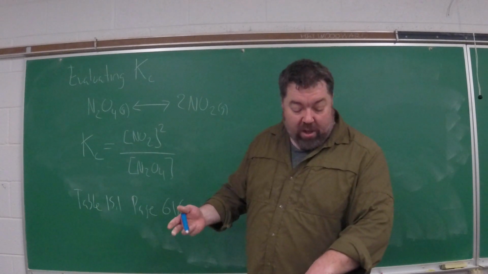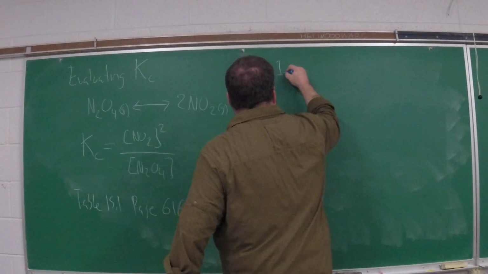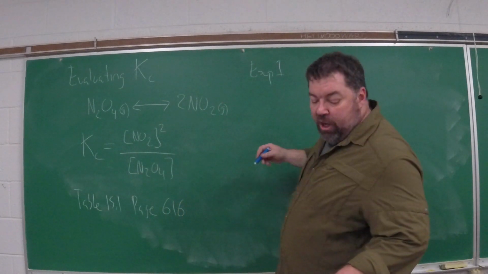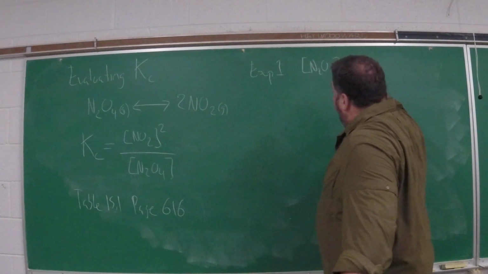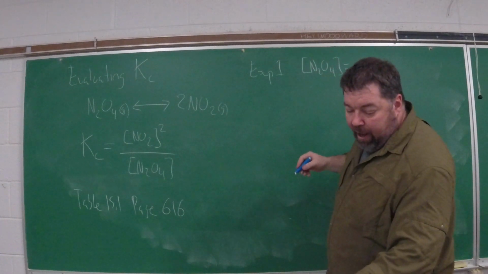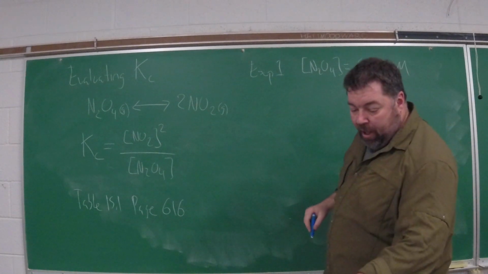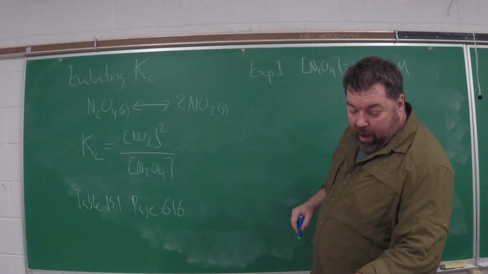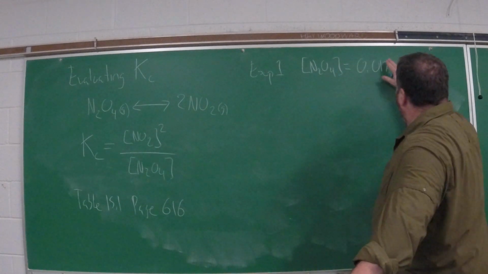Let's take a look at experiment 1. For that one, they give the equilibrium concentration of N2O4 in molarity as, whoops, I got that backwards. That's N2O4, I'm messing up.